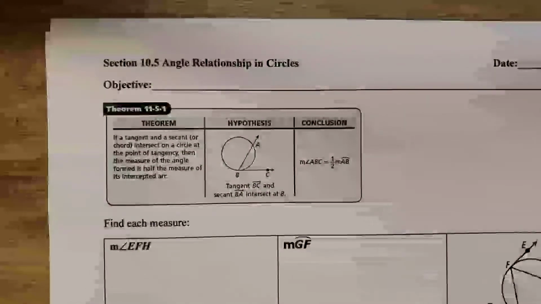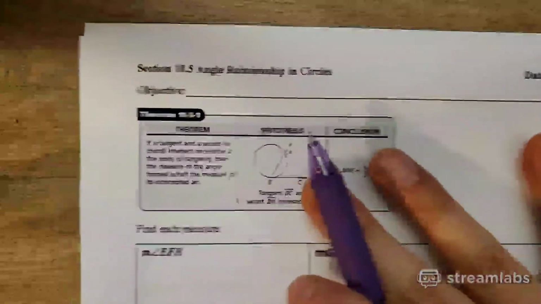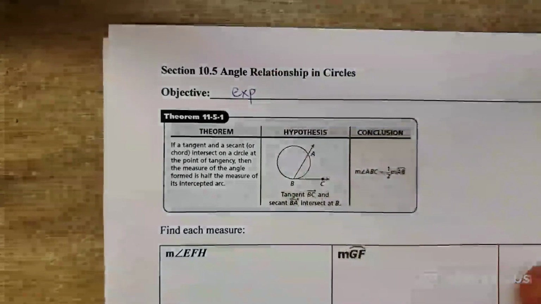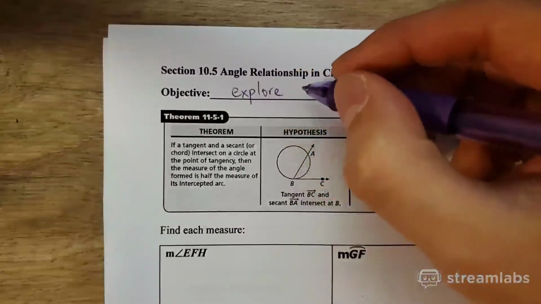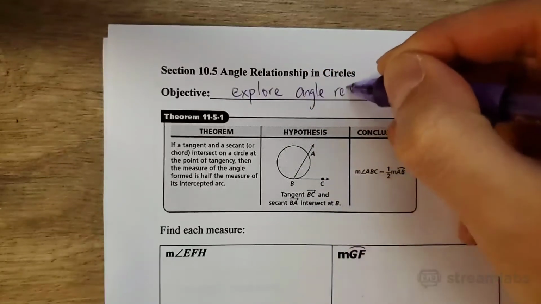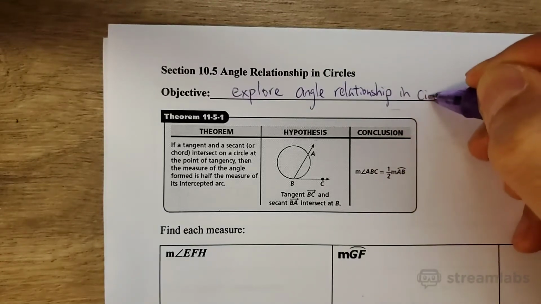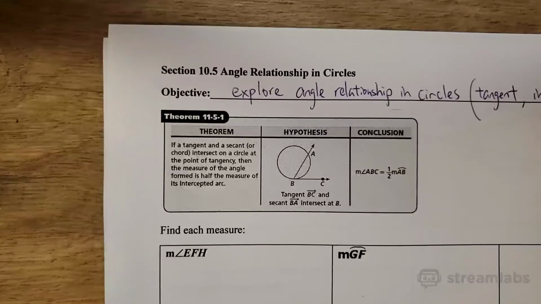So, first off, today we're gonna be exploring 3 types of situations in turn. Oh, by the way, if you guys can't see or I'm going too fast, let me know, okay? We're gonna explore angle relationships in circles, but there are 3 situations. The first one's called tangent, and then there's an inside angle, and there's an outside angle. Today is the 25th.